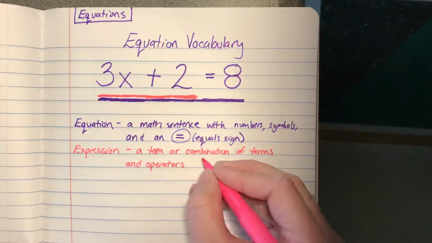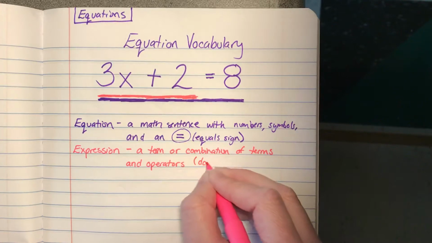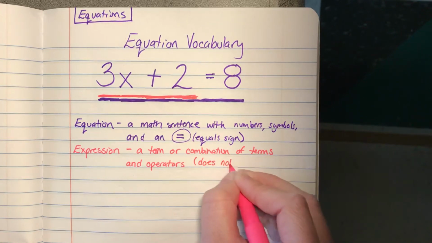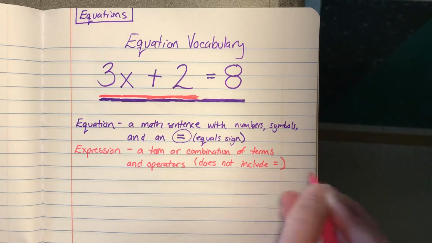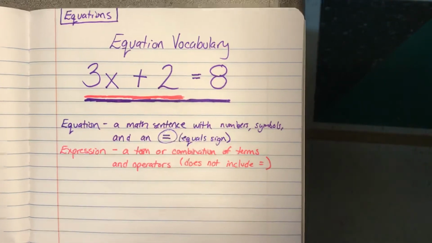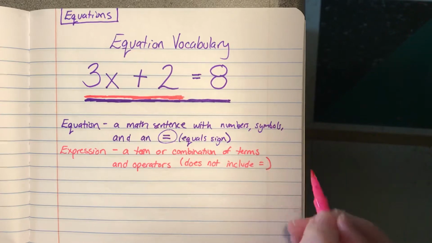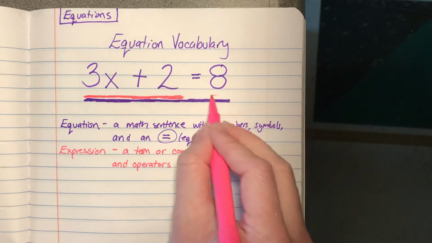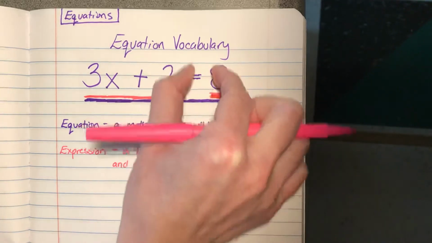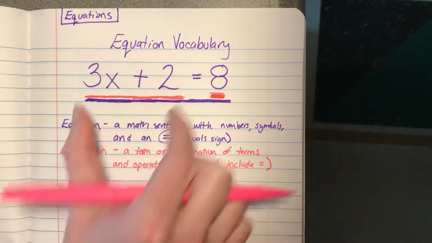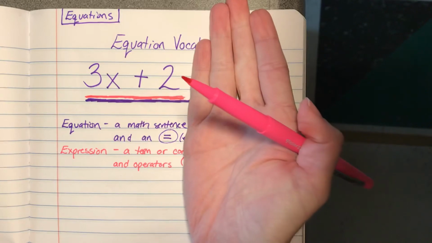But the key for an expression is this: it does not include the equal sign. So basically this entire side. Now, if we wanted to be really precise about it, we could also say that 8 is an expression as well, because it does not include the equal sign. You can think of an expression as being everything but the equal sign.